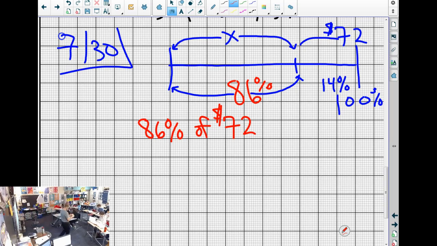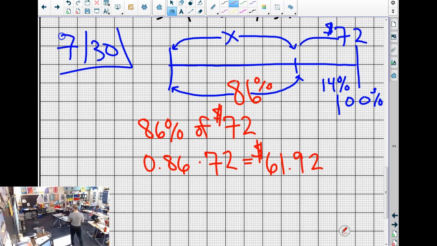So, Laviva, what does that look like in a calculator then? And did you already figure that out? What does that equal? $61.92? Okay.